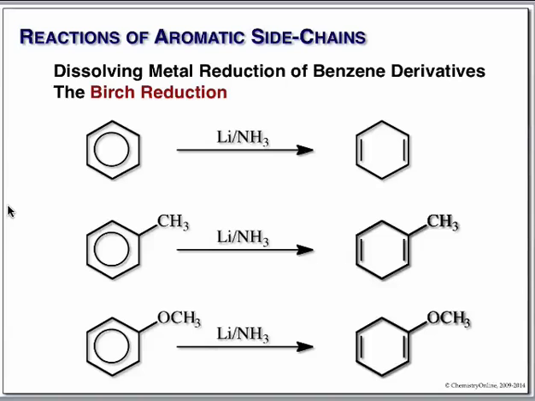If you have electron withdrawing groups, the reaction either won't go at all, depending on if they're really badly electron withdrawing, or the electron withdrawing groups would be here, not on one of the alkene carbons.